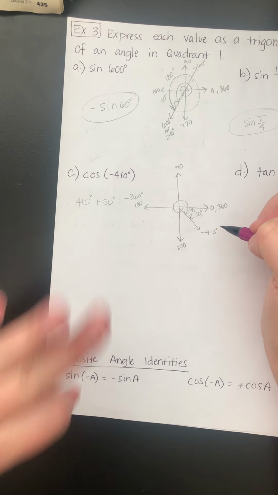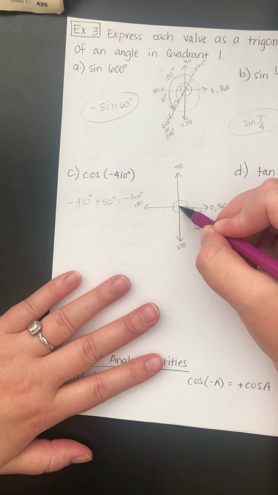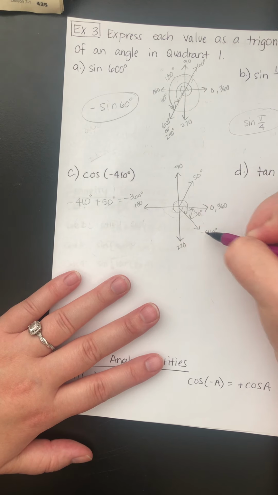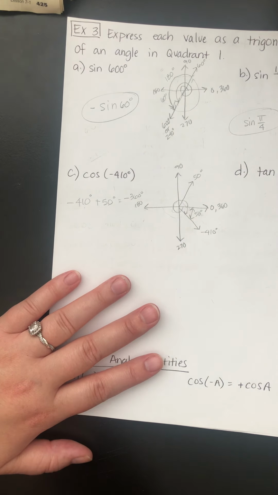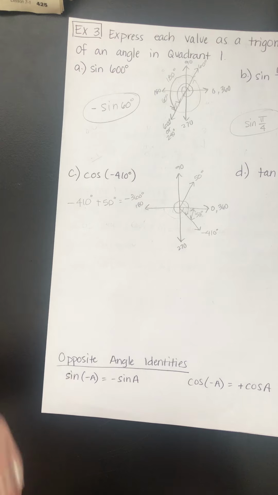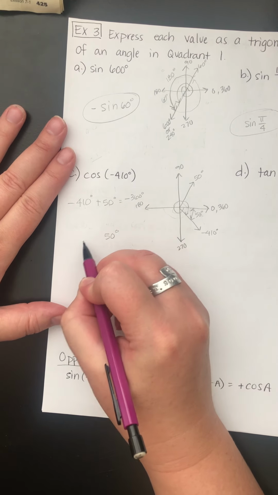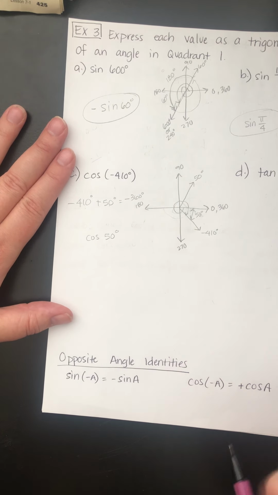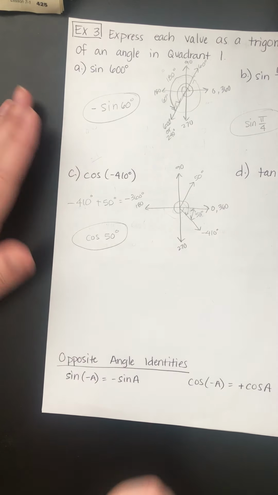So we're in case 3 here. If I were to graph 50 degrees, it's in our first quadrant. Negative 410 is in the fourth quadrant. They are vertically adjacent. That is the third case. So we added 50 degrees. We have the cosine of 50 degrees. When you're in the third case, the cosine values stay the same. So it's going to stay as the cosine of 50.